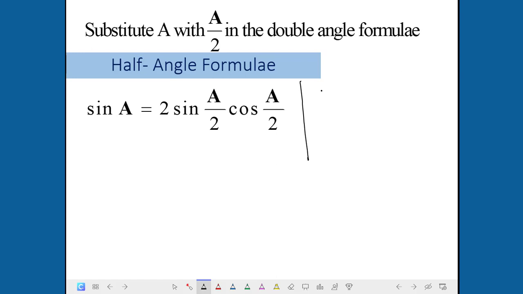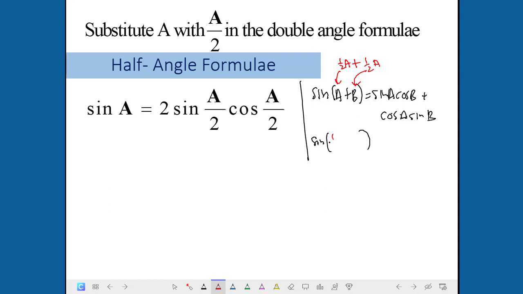From the compound angle, sin A plus B is equal to sin A cos B plus cos A sin B. Now change A to half A, and B to half A.